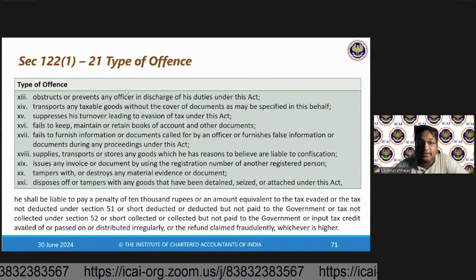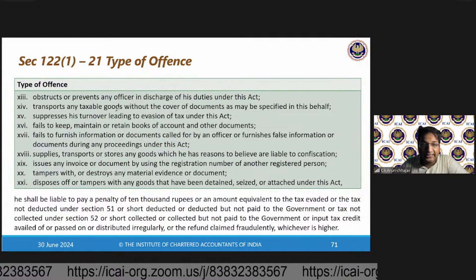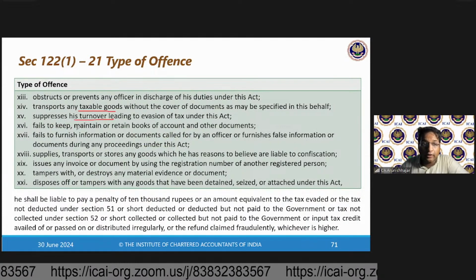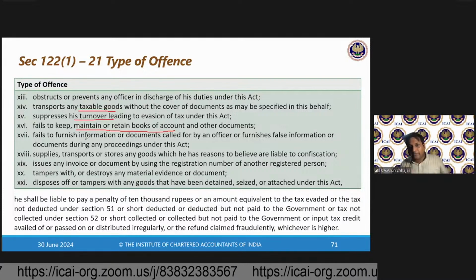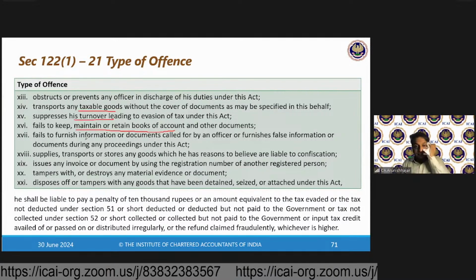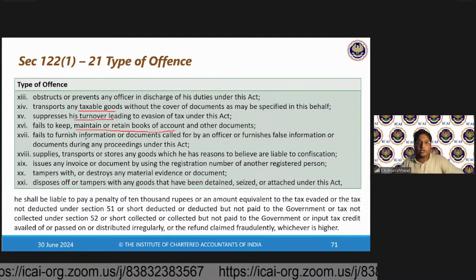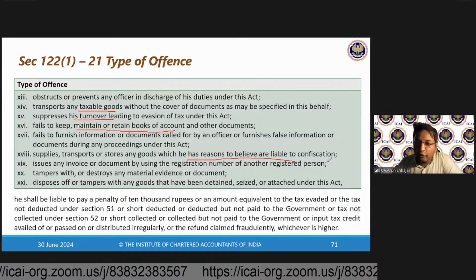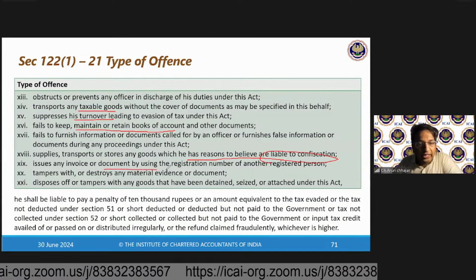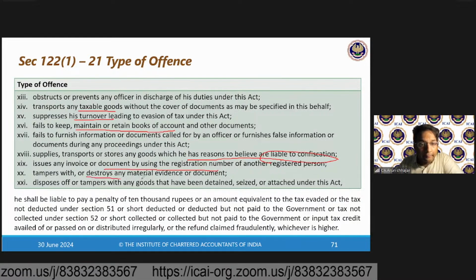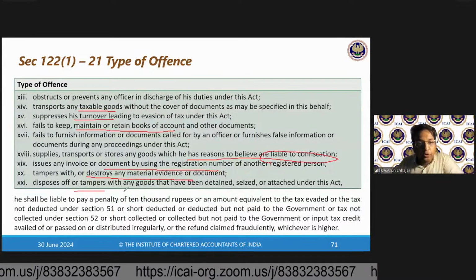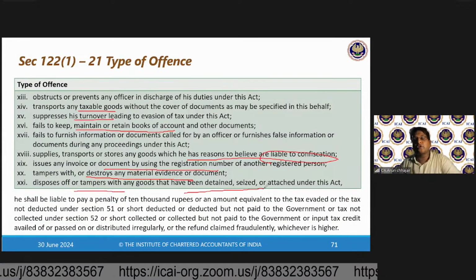Obstructing or preventing the officer in discharging duty; transporting taxable goods; suppressing the turnover; failing to maintain or retain the books of accounts; failing to furnish a document called for by the officer; supplying, transporting or storing goods which are liable to be confiscated; issuing an invoice using the registration number, the GSTN, of another; or tampering with material evidence or disposing of or tampering with goods that have been detained, seized or attached.